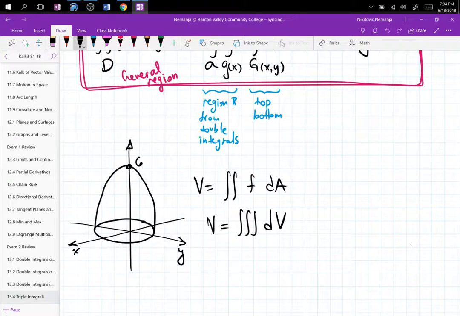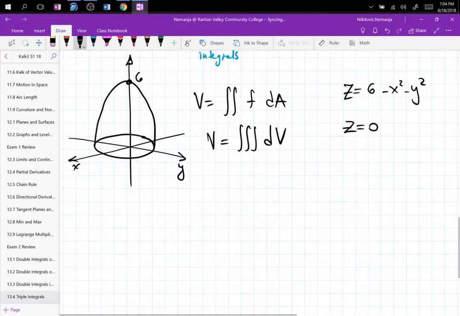Now, looking at the shape, I see that z on top is 6 minus x squared minus y squared, because it's a paraboloid that opens downwards. On the bottom of the shape, I have a flat surface z equals 0 because it rests on the xy plane.